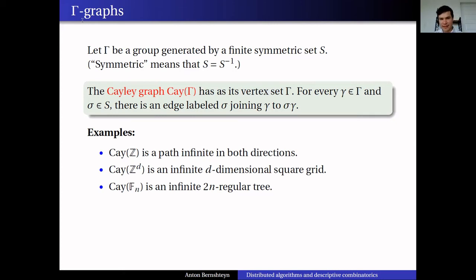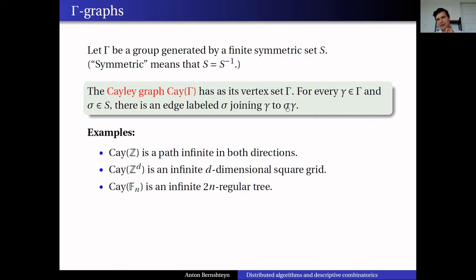So how is this defined? We start with a countable group Gamma that is generated by a finite set S. I'm going to assume that S is symmetric, which just means that for every generator, its inverse is also in S. Then the Cayley graph of the group Gamma is the graph where the vertices are the elements of the group, and given a vertex gamma and a generator sigma, I put an edge between gamma and sigma times gamma, and the edges are labeled by the generator.